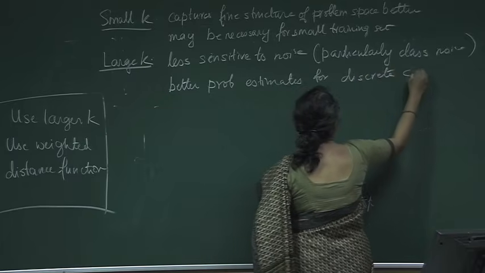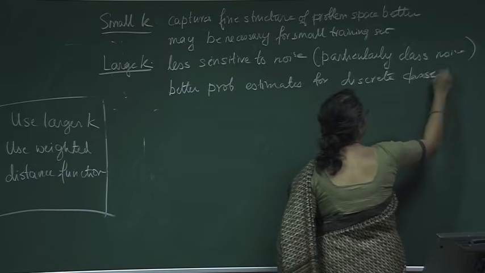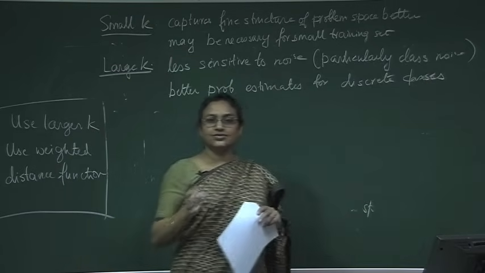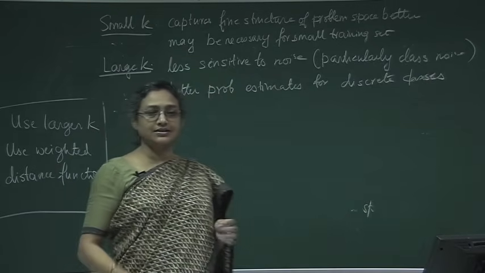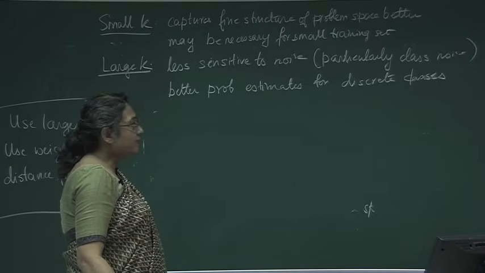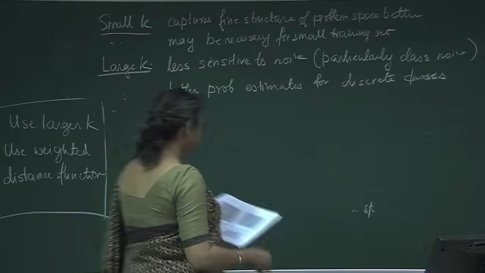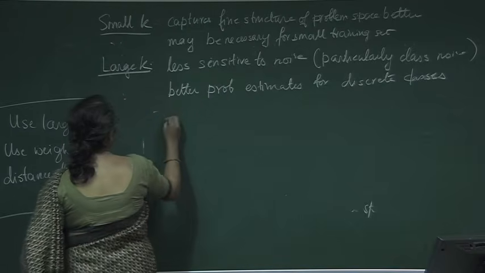If the classes are discrete, you get better probability estimates if you use large values of k. Thirdly, if you have a larger training set, then you can use large values of k.